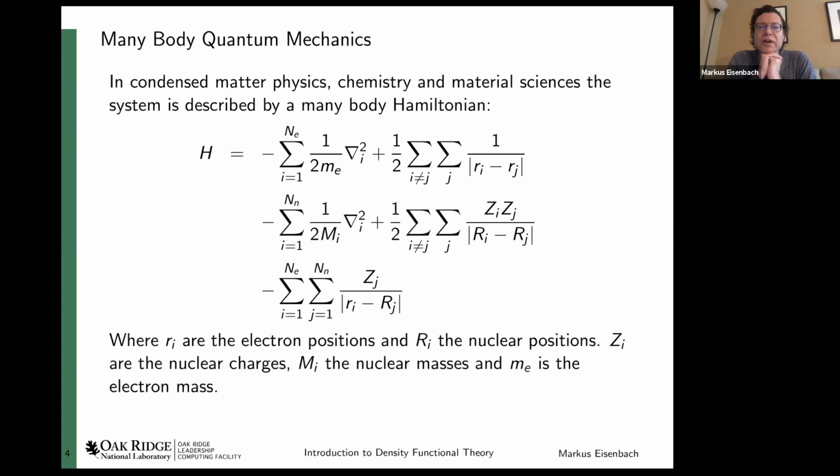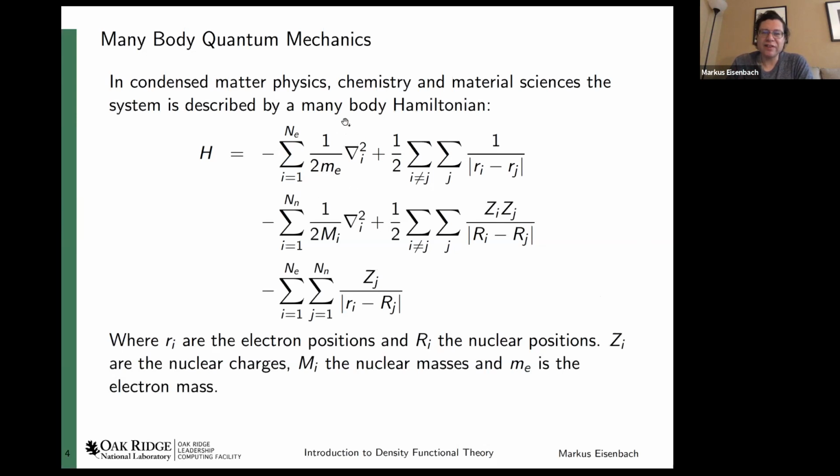So what are we going to do? We start out with the many-body quantum mechanics Hamiltonian that we are using in things like condensed matter physics, material science, chemistry. Basically, every time we need to deal with nuclei and electrons, we have this general Hamiltonian.